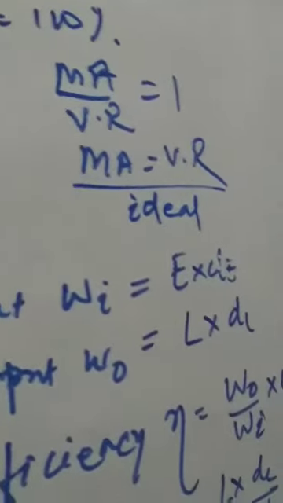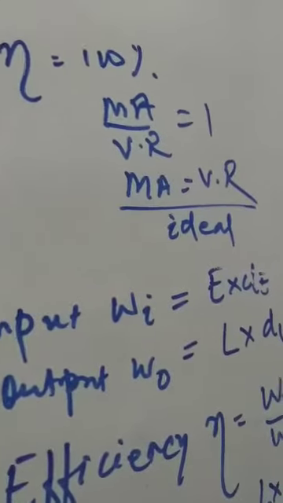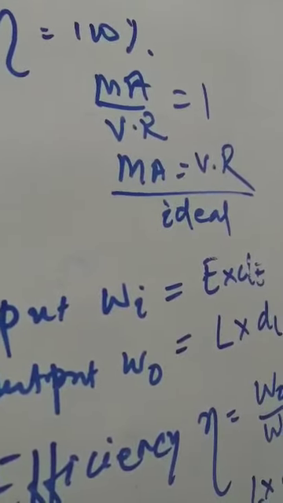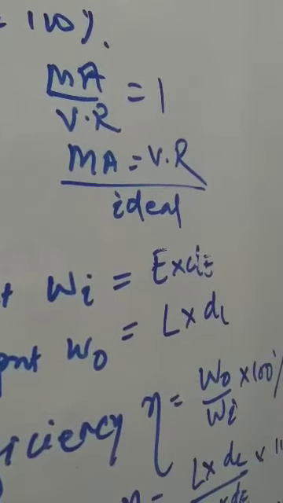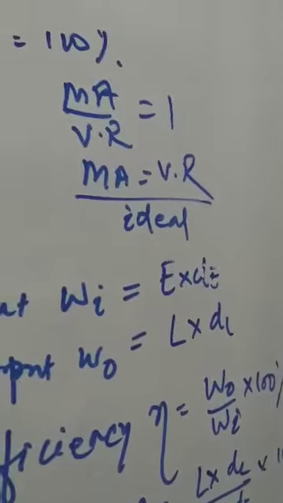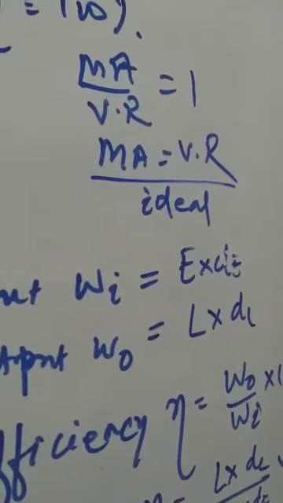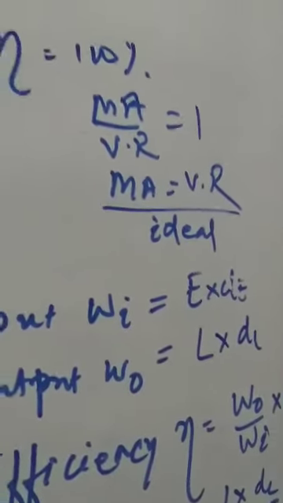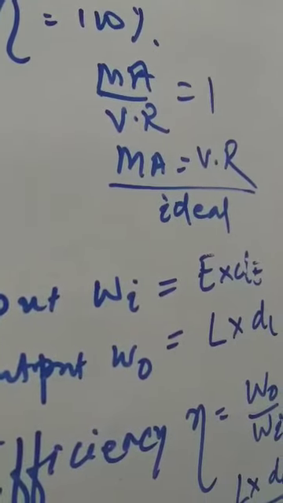But you know, the principle of machine says that a machine never does the work by itself. It does work whenever some work is done on it. So the output work of a machine can never be greater than the input work. That will be against the law of conservation of energy. So maximum, work output can be equal to work input, then the machine will have 100% efficiency, and we call this machine an ideal machine.